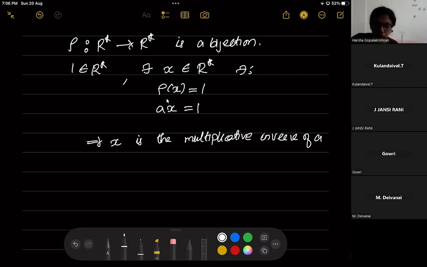So we started with any element A, and it has a multiplicative inverse, which is a non-zero element.